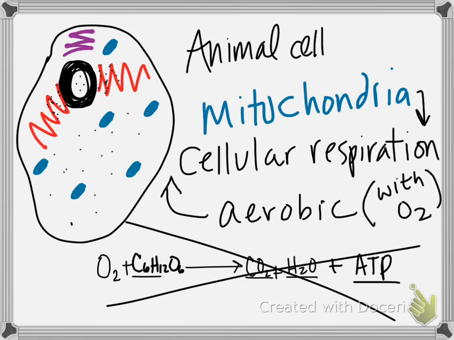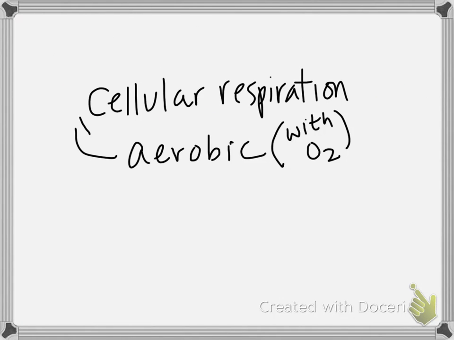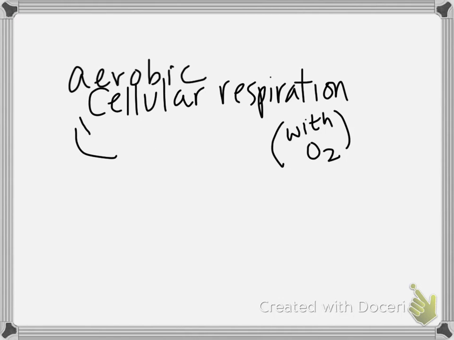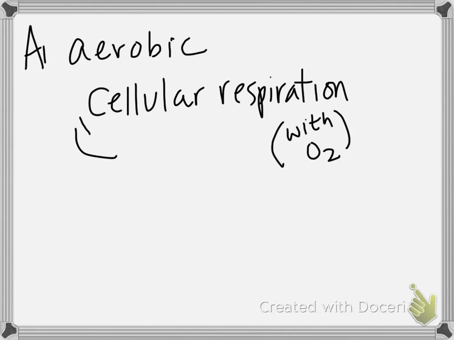So the rest of the muscles in your body, when there's not enough oxygen to go around, the rest of the muscles in your body will do something called anaerobic respiration.